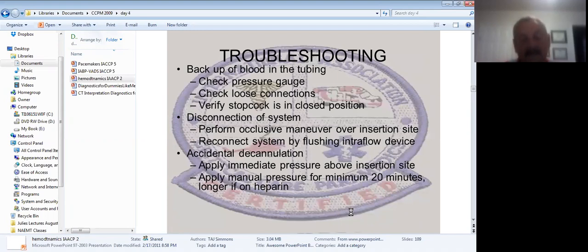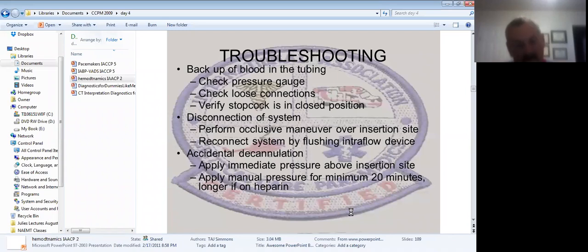If you have an accidental decannulation, then you obviously have to apply pressure. Remember, this isn't going to be an arterial bleed on a patient who is hypotensive, almost certainly, or you wouldn't have an art line. So this is a real emergency. And remember that you have to apply the pressure for at least 20 minutes, probably much longer than that.